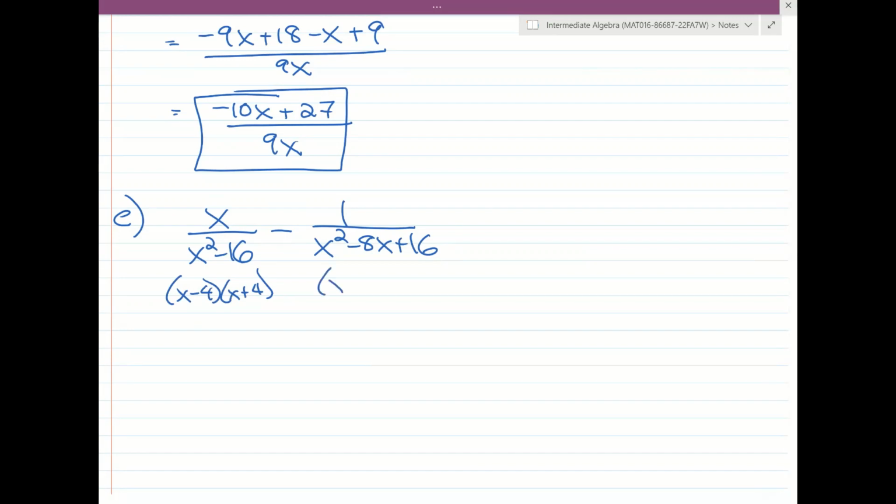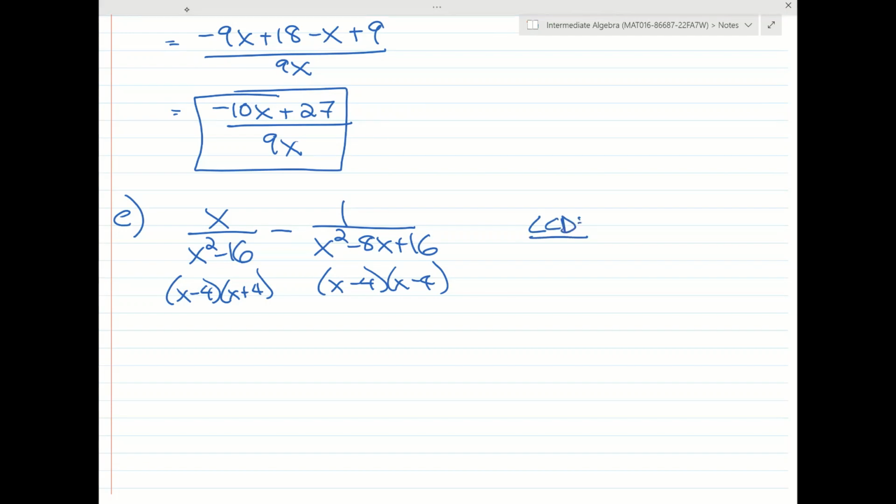And this will factor to just be x minus 4 times x minus 4. So as far as our LCD, we definitely need an x minus 4.